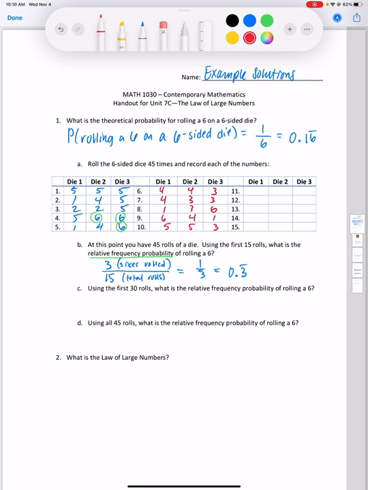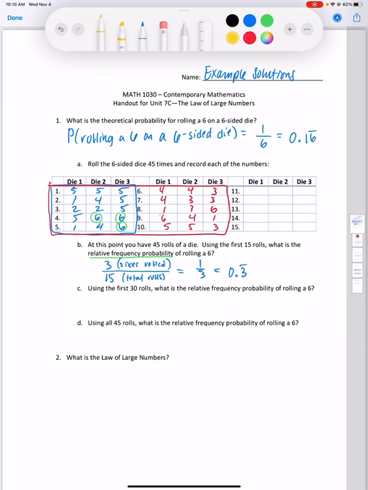We're going to do part C now, which says, using the first 30 rolls, what is the relative frequency probability of rolling a 6? My first 15 rolls were for part B, and that will be these data here. Now for part C, I'm going to do the 30 rolls total. That's going to use all of these data here. How many 6s are there total?